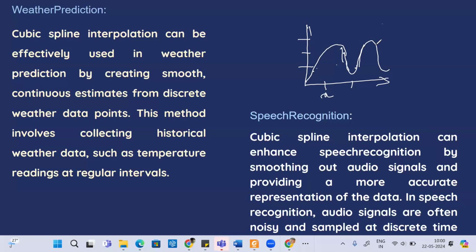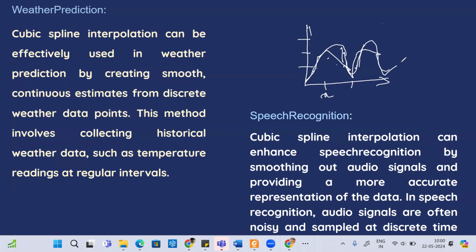Through cubic spline interpolation, we can interpolate this graph, and we will get an approximated temperature. This is like a rough sketch, don't take it seriously.